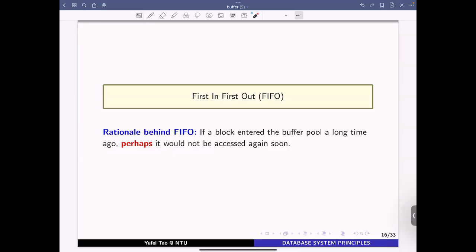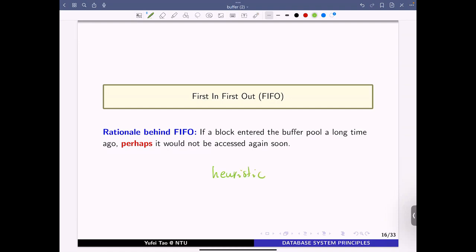So we're going to talk about 3 algorithms. The first one is FIFO. FIFO stands for first in, first out. The rationale behind FIFO says, let's adopt a heuristic. I don't know if you know this word.